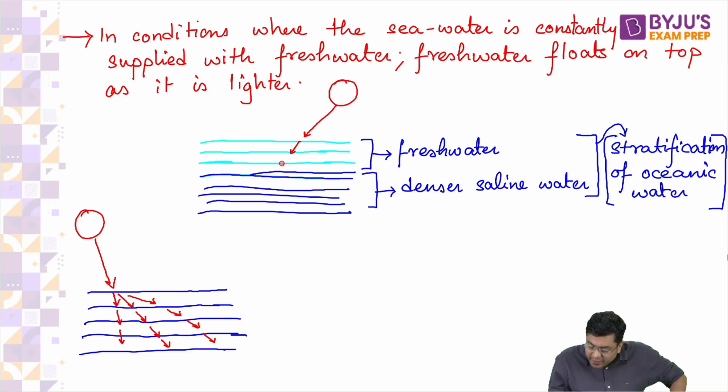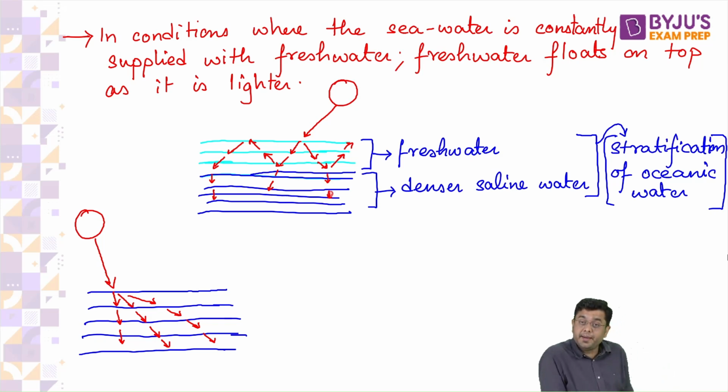Whereas in this case, heat will significantly be concentrated in the top portion because there is a kind of a layering which has been done. So heat will be concentrated in the top portion. Some amount of that heat might percolate in the lower portions, but majorly heat will be concentrated in the top area. So just apply the same logic that we applied in the case of heating of land and water.